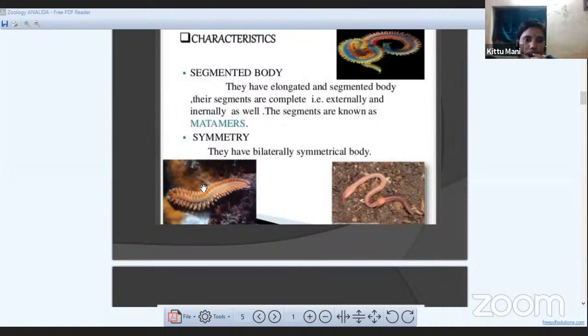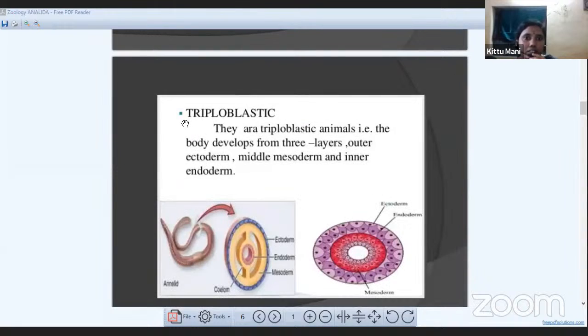Okay, the next, these annelidal organisms are triploblastic. This is also important in our basic zoology terminology. Okay, what is triploblastic? Here we also learned about diploblastic organisms in our previous sessions.